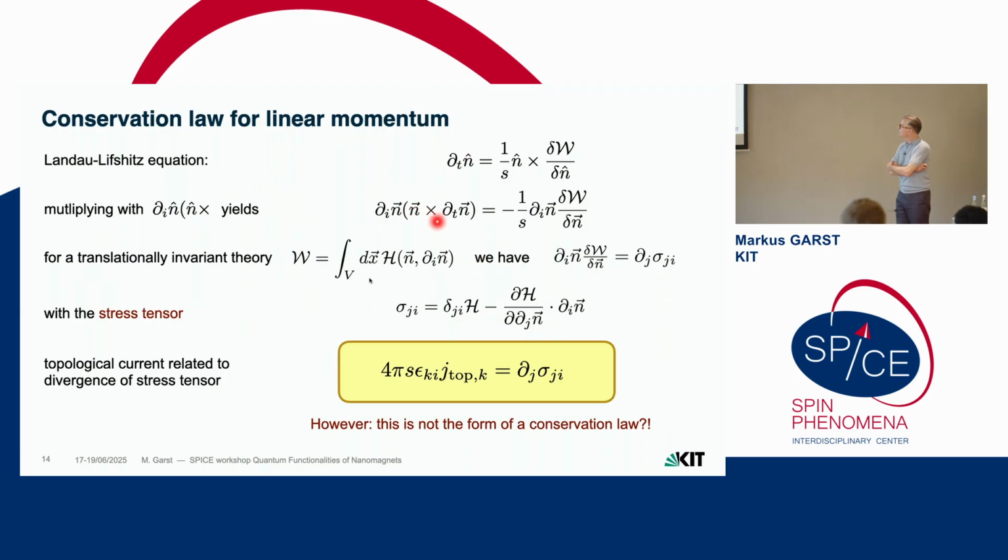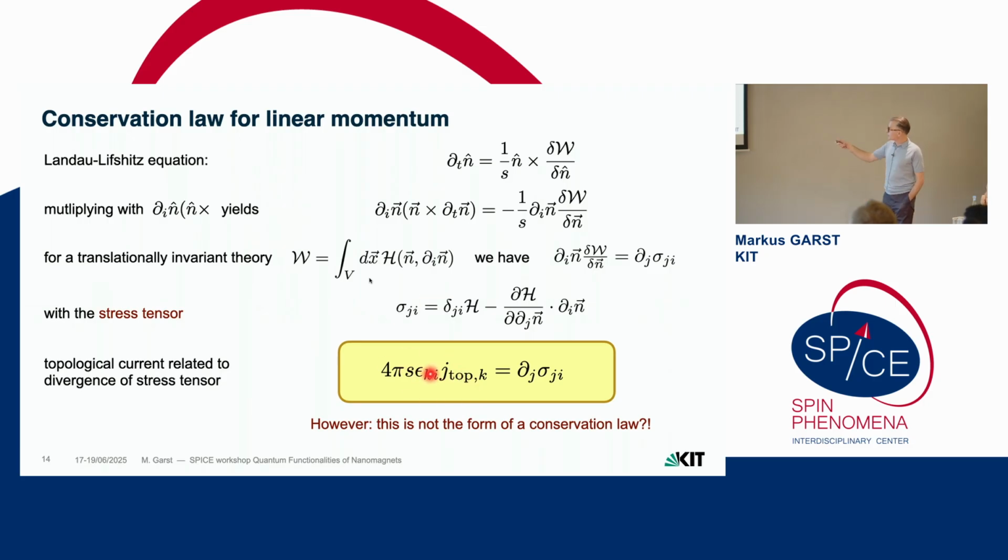So this means just by doing this very simple exercise, this right-hand side can be expressed as a divergence. And if you look at what this combination gives you, this is nothing but the topological current. It has two derivatives, one in space and one in time, and so this gives the topological current.